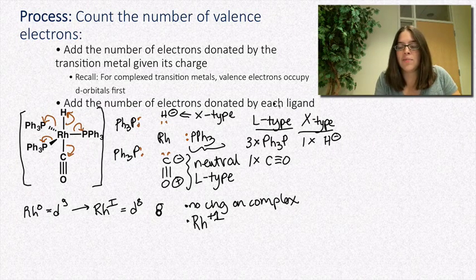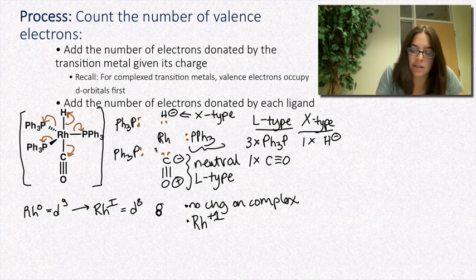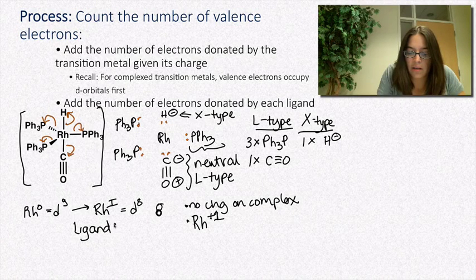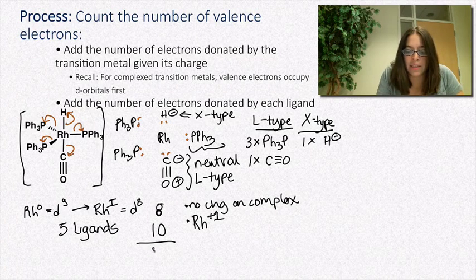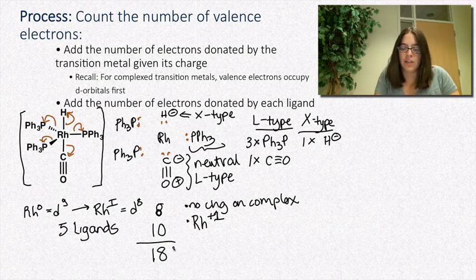Then we need to add the number of electrons donated by each ligand. Since we're using this formalism, we know we have 5 ligands, each of which donates 2 electrons. So 5 times 2 is 10, and that means that we have 18 valence electrons.